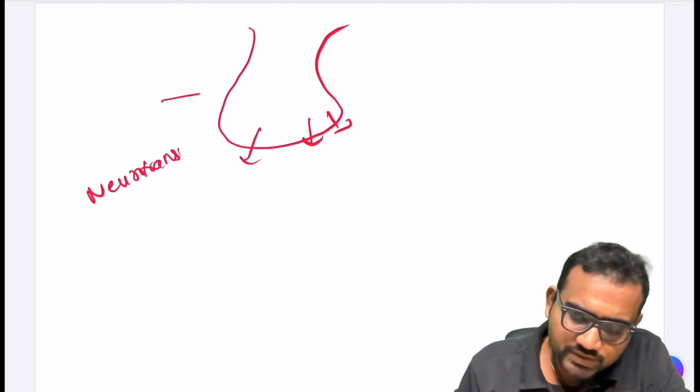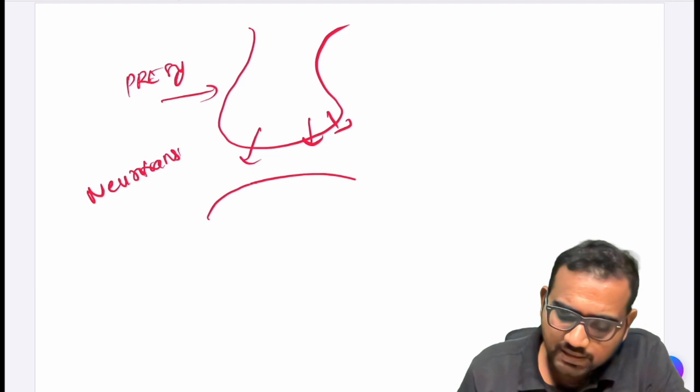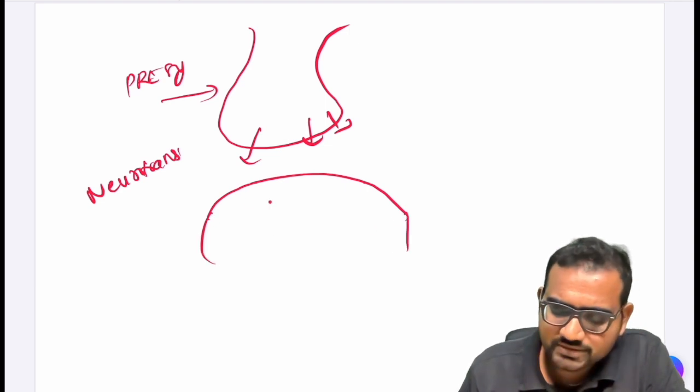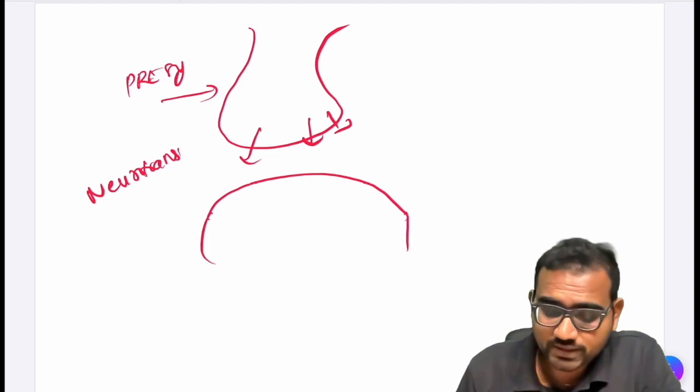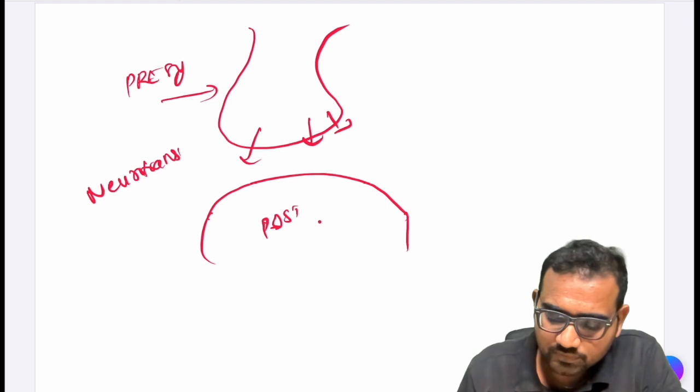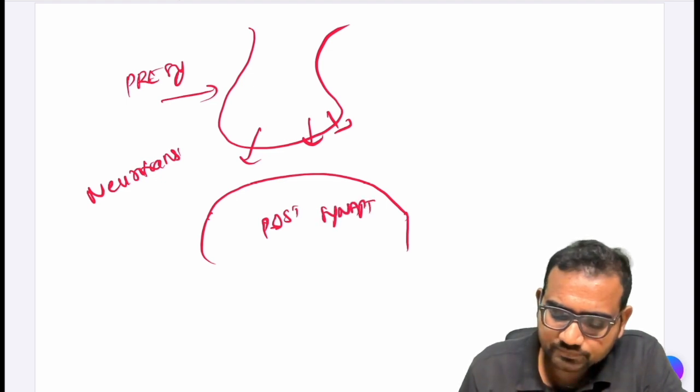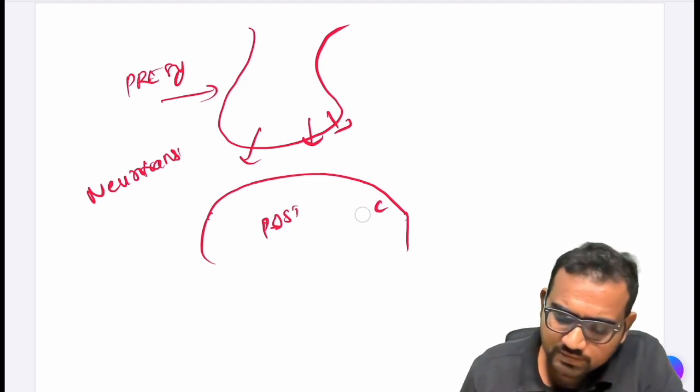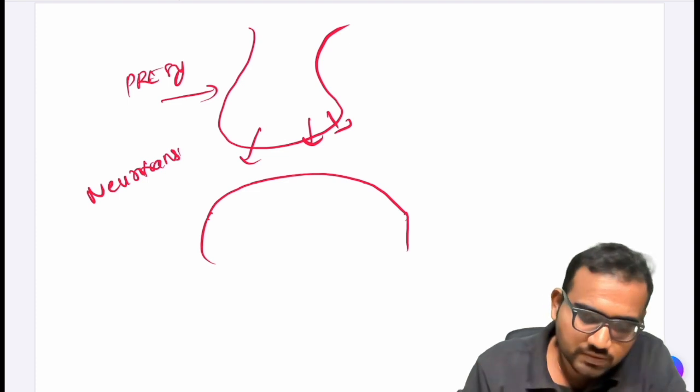This is called the presynaptic neuron. Okay, and the neurotransmitter is taken up by the next neuron, that is the postsynaptic neuron. Presynaptic and postsynaptic. Okay.